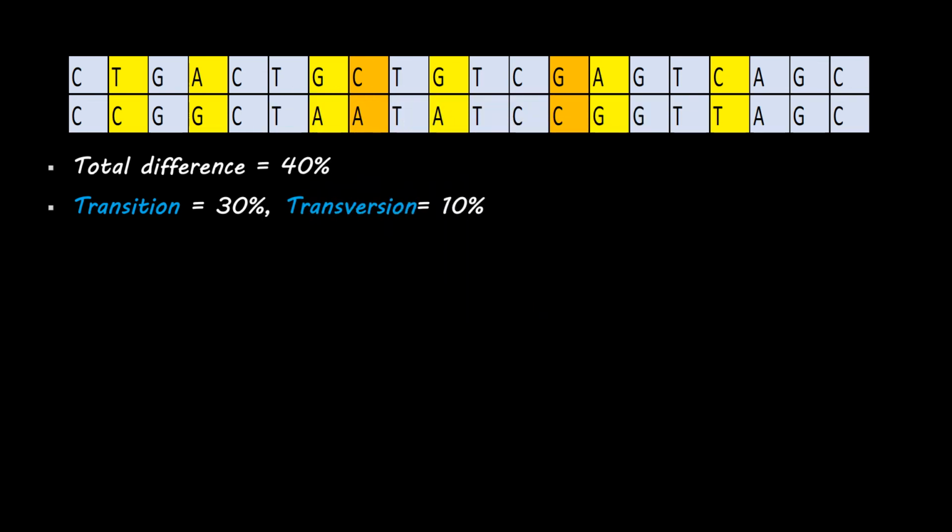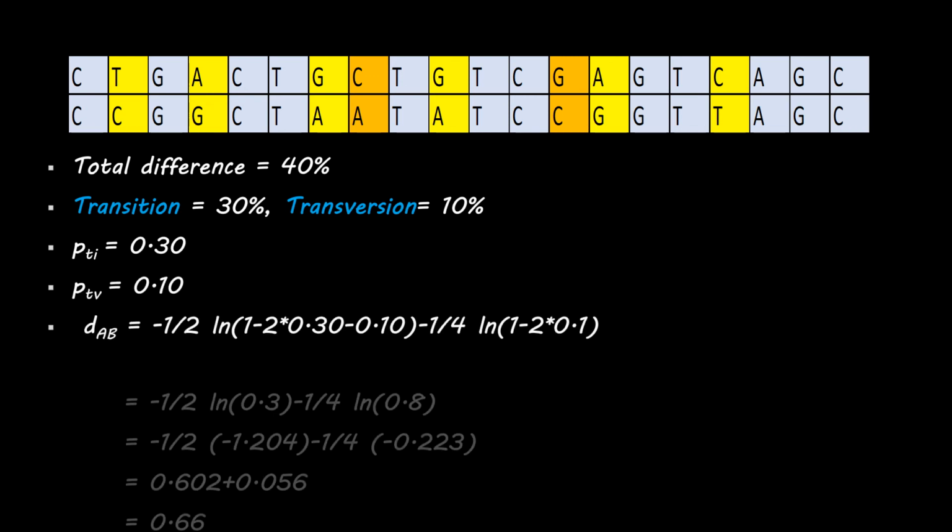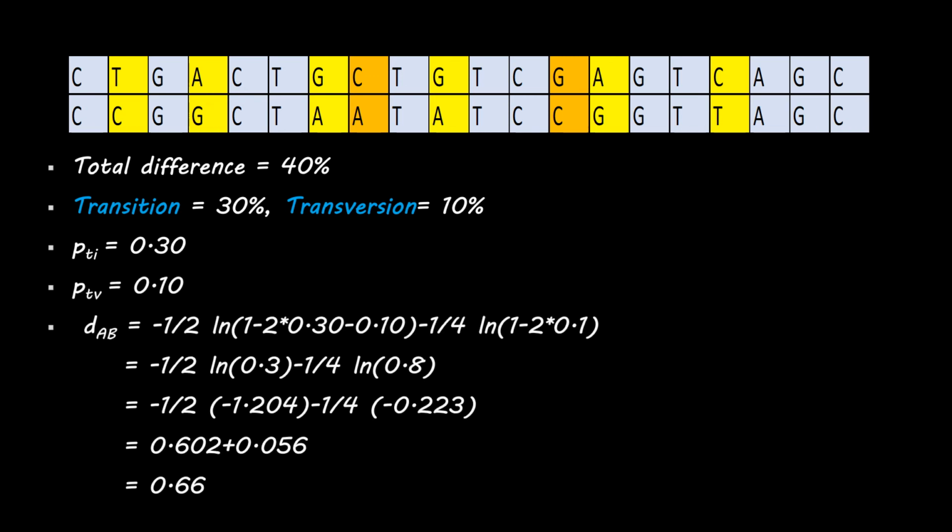So here 30% is transition and 10% is transversion. So P_TI will be 0.30, P_TV will be 0.10. We can calculate D_AB, which will be 0.66. So this is how we can calculate the evolutionary distance between two sequences, and we can again prepare a distance matrix and process further in the evolutionary tree analysis and construction.